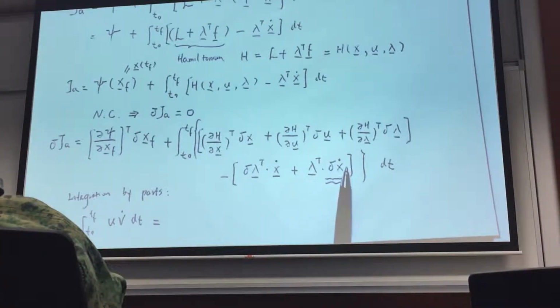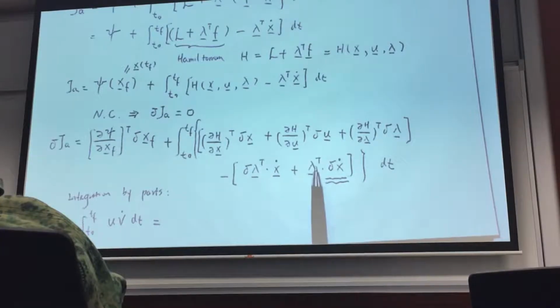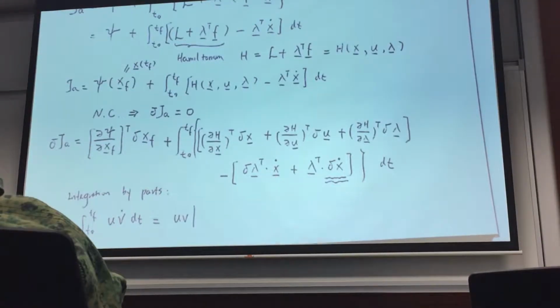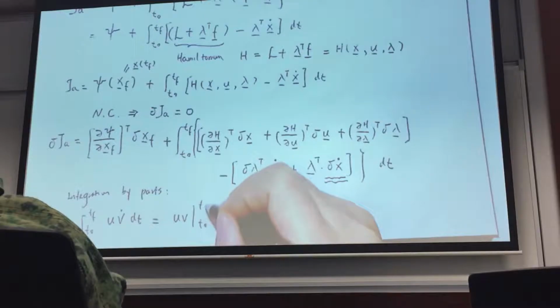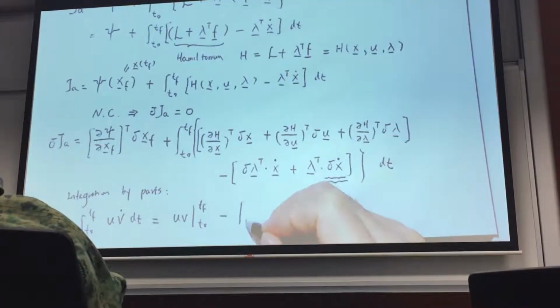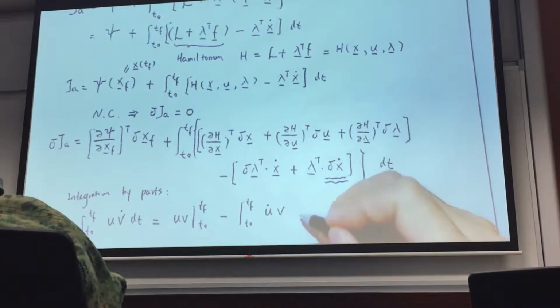So the u is the lambda transpose and the v is delta x. So this equation is given by u multiplied by v evaluated from t0 to tf, minus the integration from t0 to tf of u dot v dt.